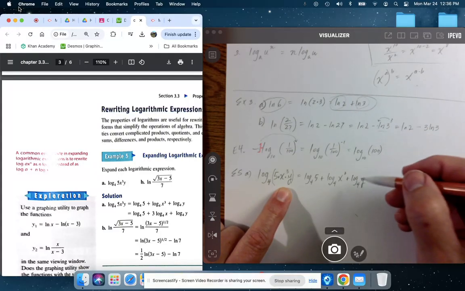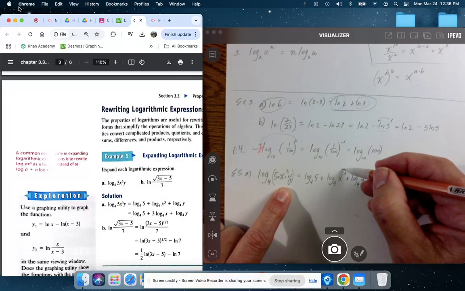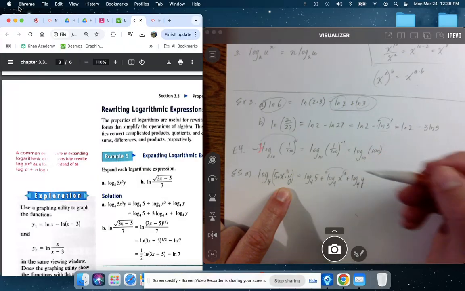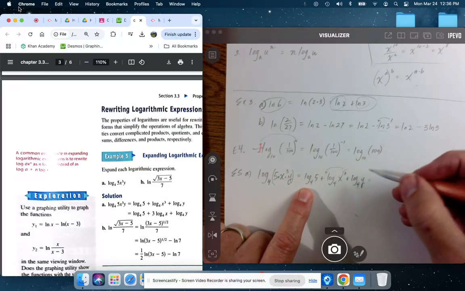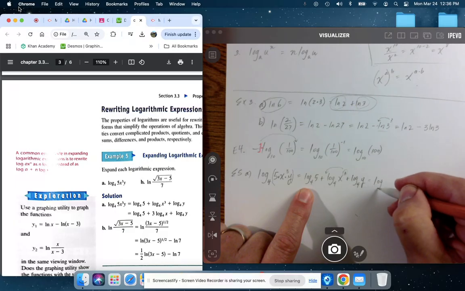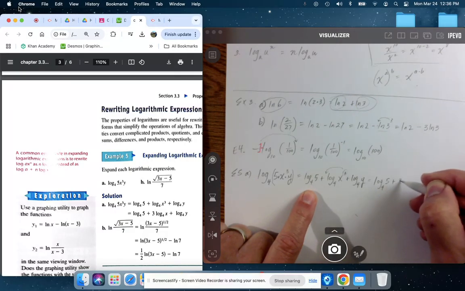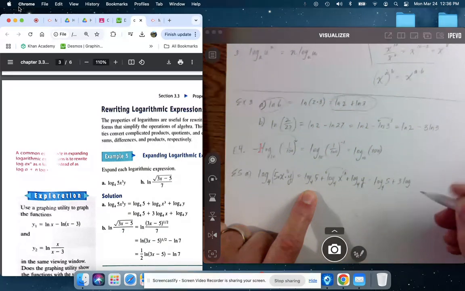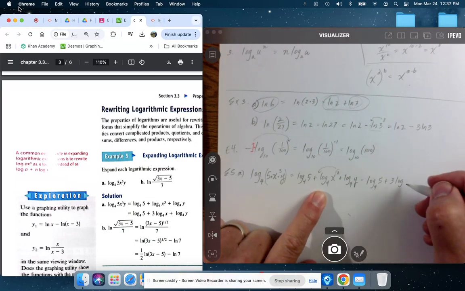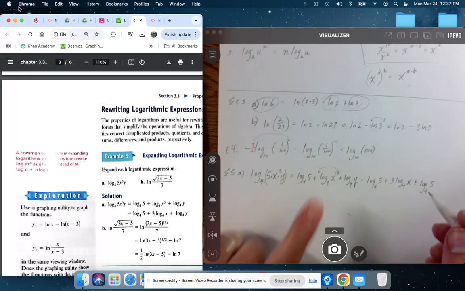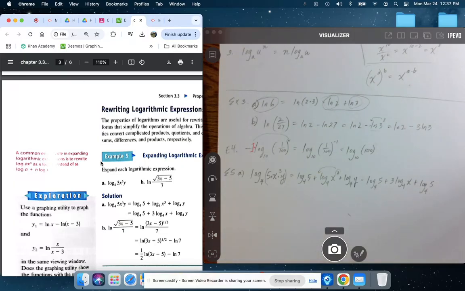Okay, and then this exponent can be brought out to the front as a factor, so you want to do that. So that would be log base 4 of 5 plus 3 times log base 4 of x plus log base 4 of y. And now it's completely expanded out.